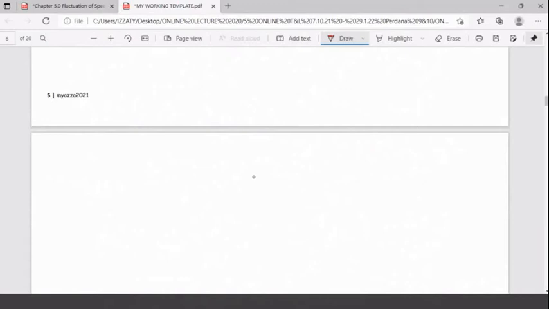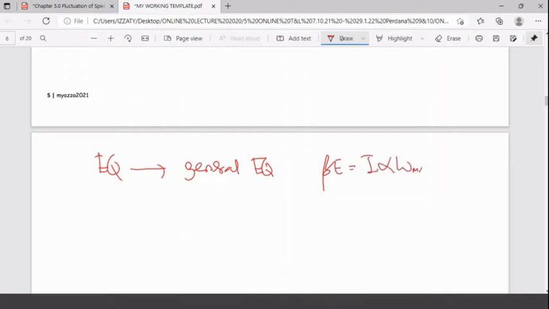Look at here. First, the equation. The general equation is basically: beta E is equal to I alpha omega mean squared, or it can also be in the form of E max minus E min.